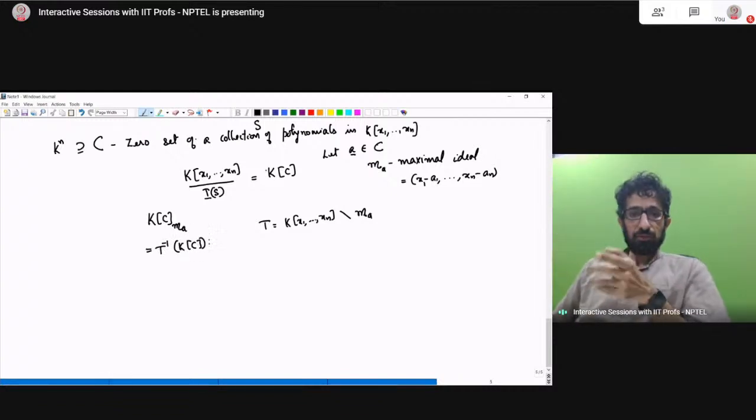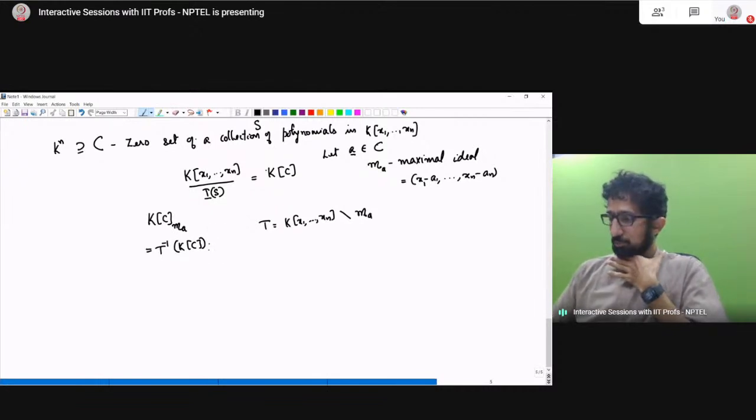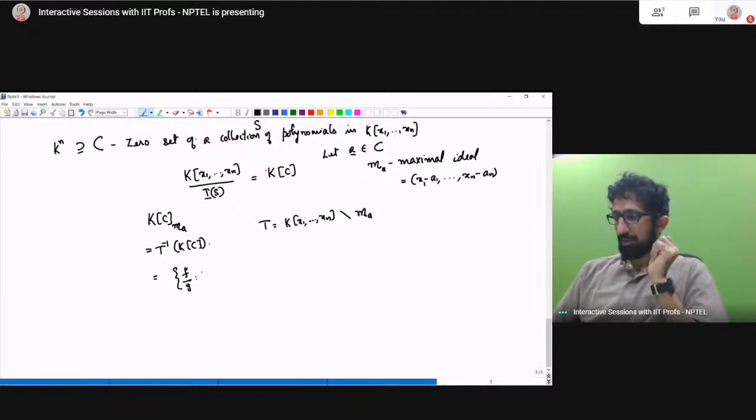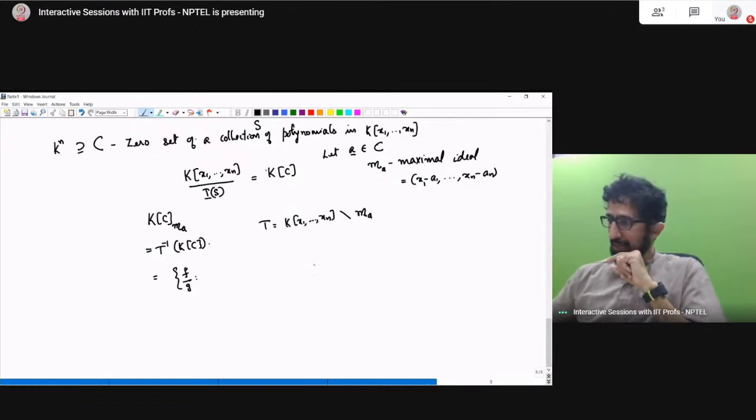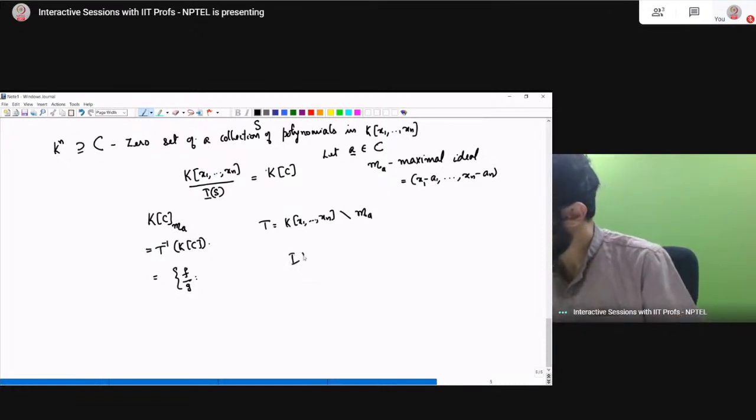Now, if you look at this ring, every element looks like f by g, where g is in T. Here g is a very nice polynomial g(x1, ..., xn).